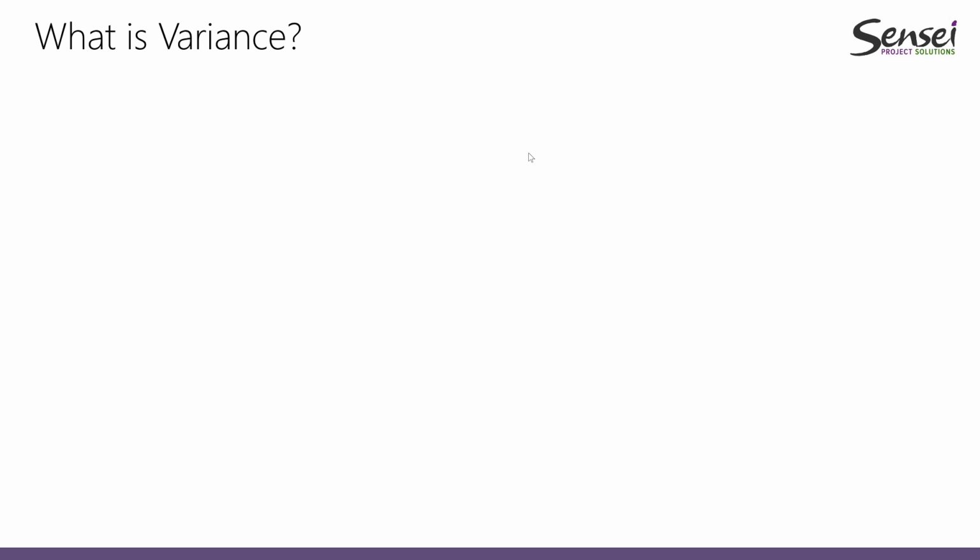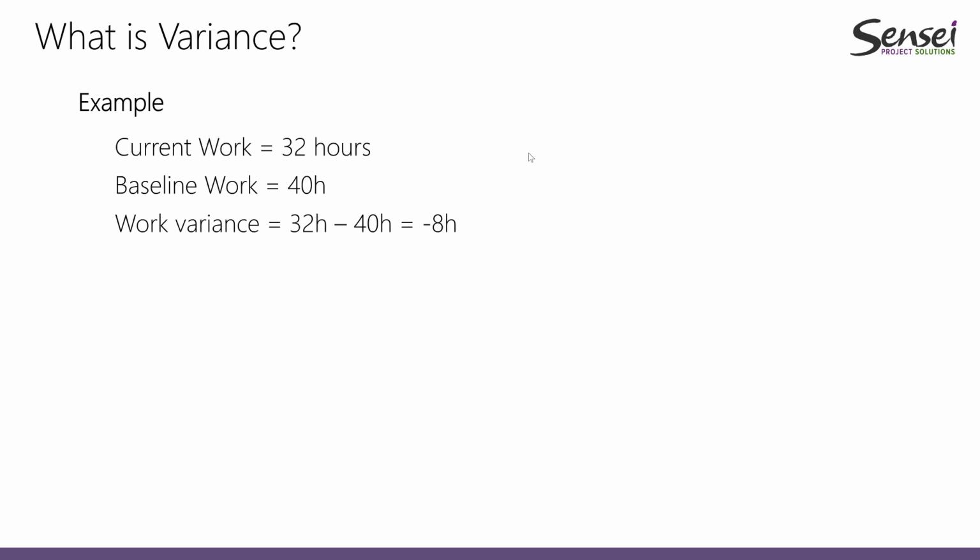If we took another example here, we have a current work in our schedule which is 32 hours, and the baseline work says that we have planned that to be 40 hours. So if that's true, the work variance is going to be defined by current work, which is 32, minus baseline work, which is 40. So I will have a minus 8 hours.